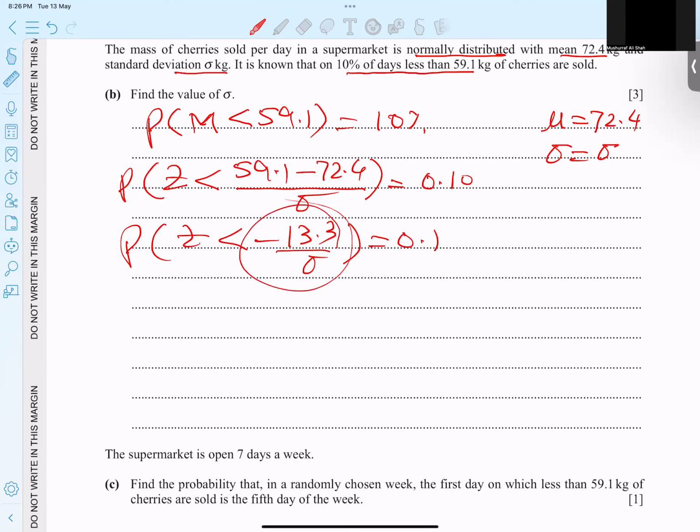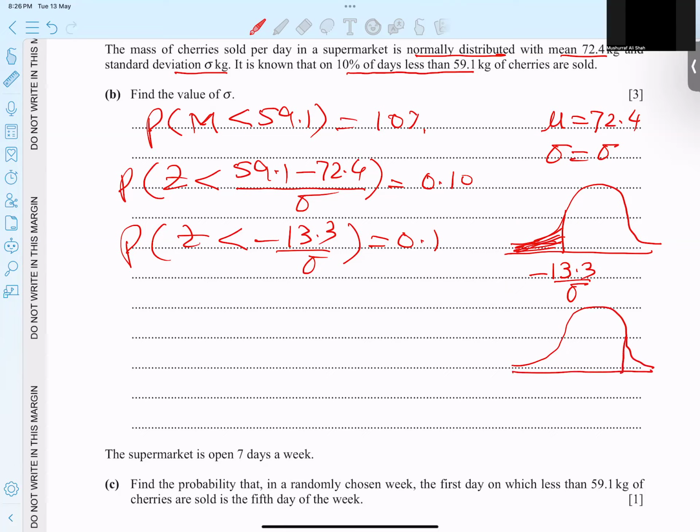Basically, this is a negative number. If I draw a negative number, it never comes on the right side. It always comes on the left side. Negative 13.3 by sigma, and this is lesser. How to read this inequality? Lesser means left side area. But do you know negative values are not available in our table.